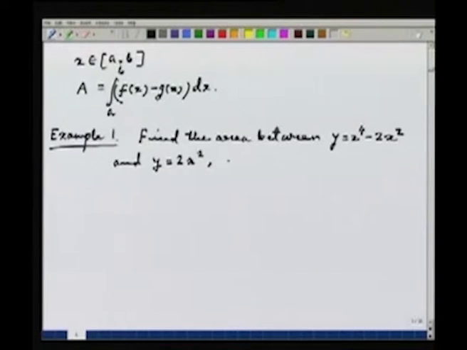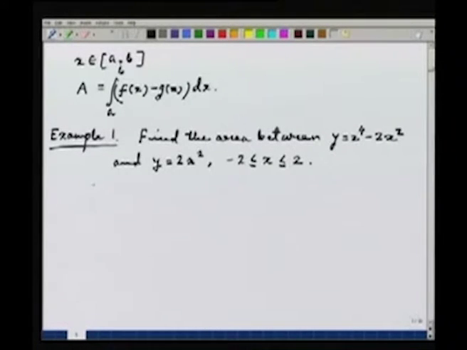What is the variation of x? Well, I will say minus 2 less than or equal to x less than or equal to 2. Let us first try to have an idea of these curves. How do they look like? Then it would become easier for us to calculate.